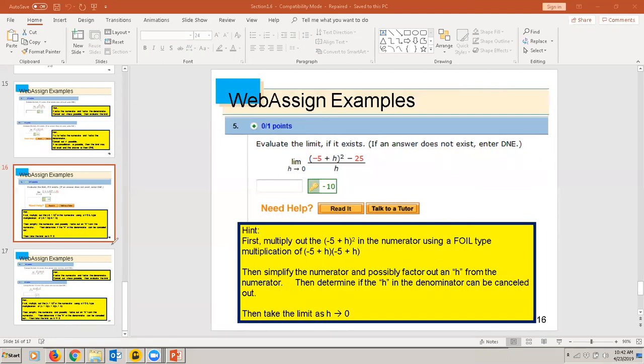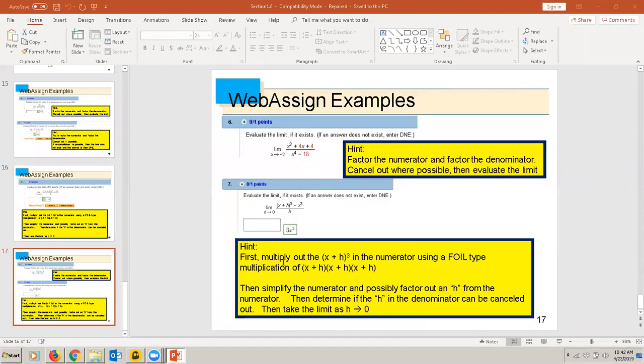All right, let's go to the last slide. And here are some more examples. All right, well, the bottom example is going to be very similar to what we just did on slide 16. For this bottom example, I can't let h approach 0 because I'll end up dividing by 0. So what I'm going to do is multiply out the x plus h to the third.